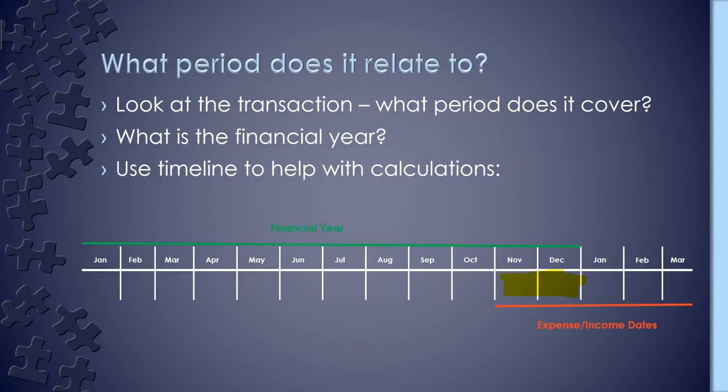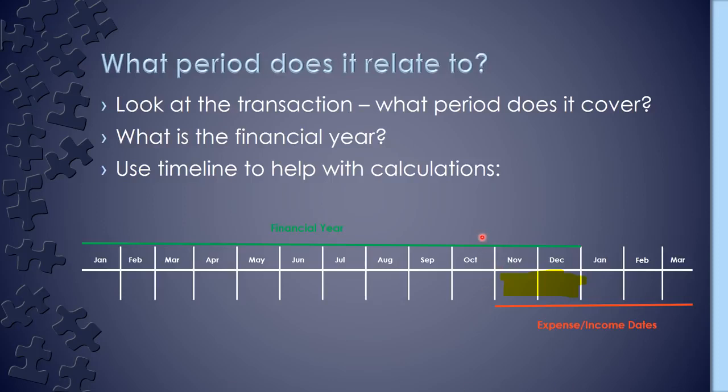So I used to draw this out very quickly because I found that in the stress of an exam it can be so easy to miscount months on your fingers or in your head, and it was so much easier to move along and just count the boxes. So you'd be counting 1, 2, 3, 4, 5, and you could see at a glance exactly how many months you needed to prepay.